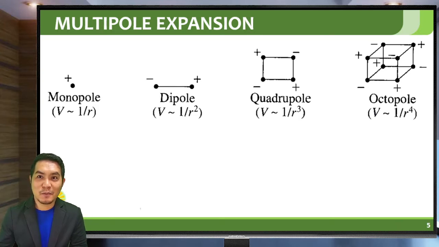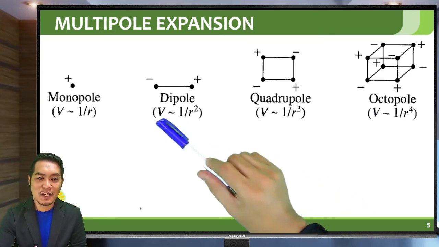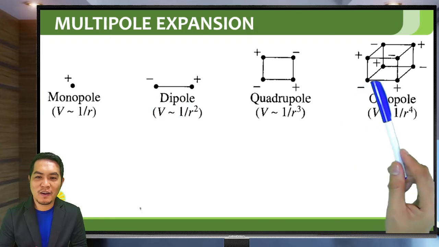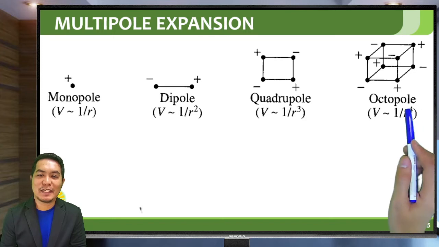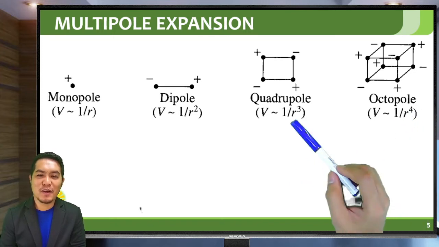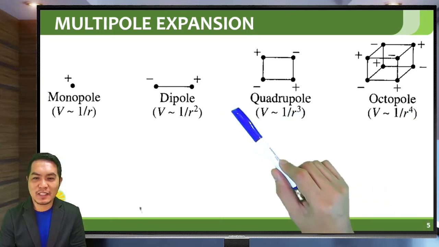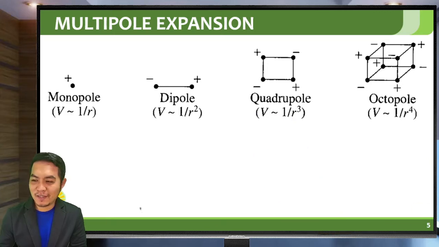So this is 1, 2, 4, 8. The next in the series will be 16. I don't know what a 16 pole is called, but we'll just stop here at the octupole. Actually, most of our calculations will go only up to the quadrupole term.